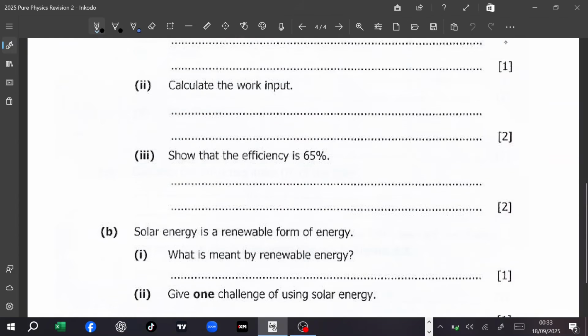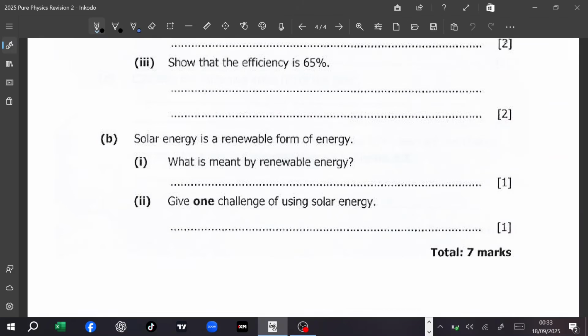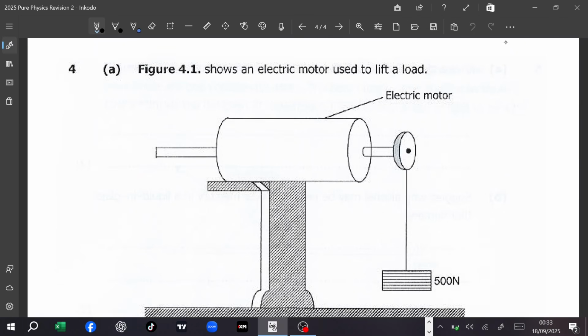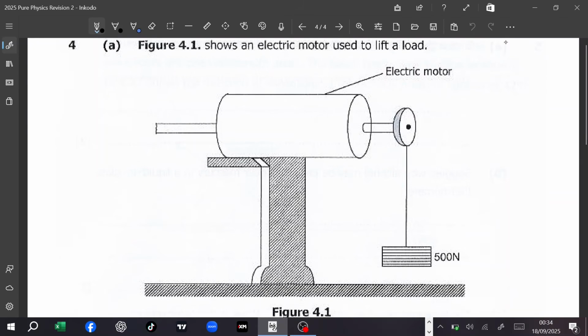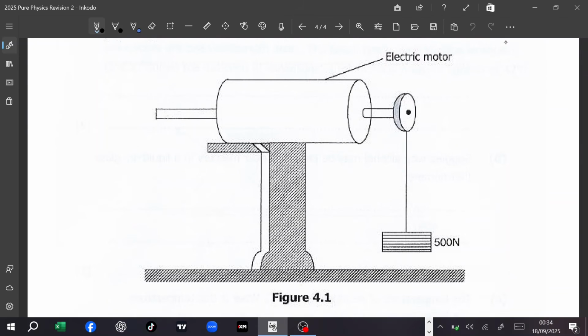I'm sure this was the last question. The last question here says 4M, figure 4.1 shows an electric motor used to lift a load. So this is an electric motor, as you can see, used to lift a load here. When this one rotates, the load begins going upward.